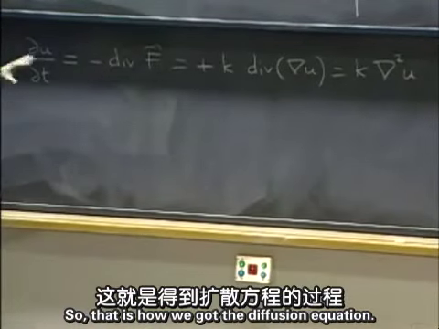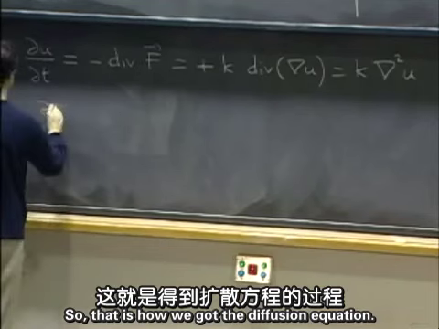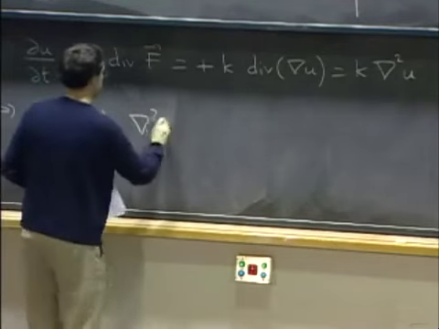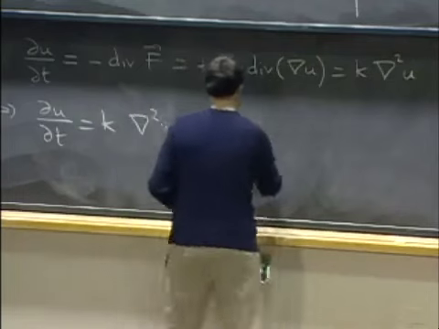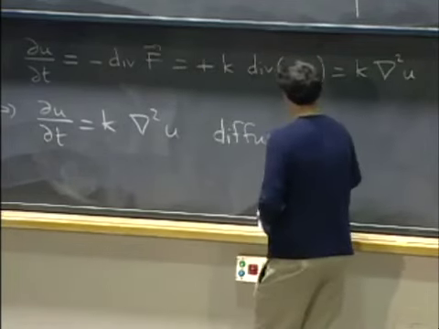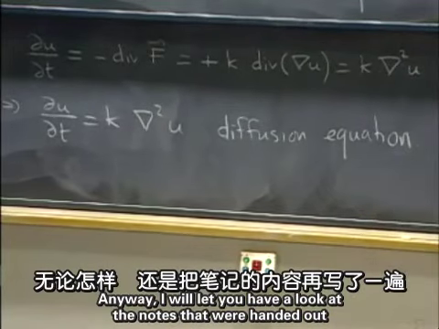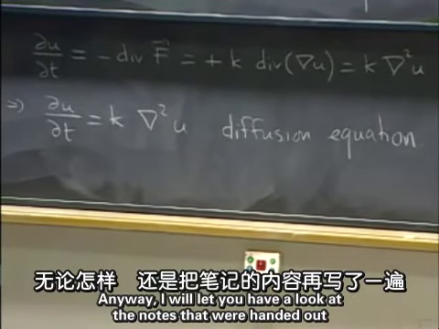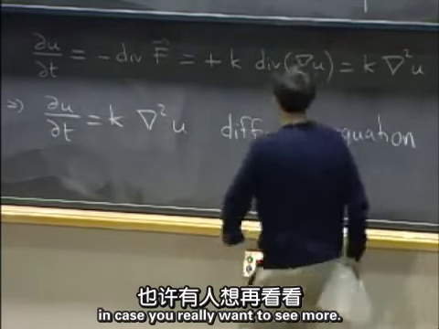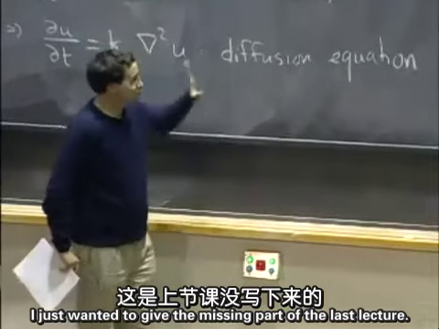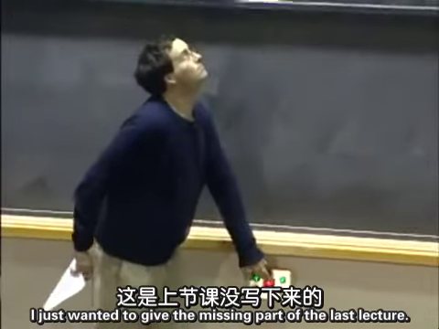So that's how we got the diffusion equation. Okay, anyway, I'll let you have a look at the notes that were handed out in case you really want to see more. I just wanted to give the missing part of the last lecture.